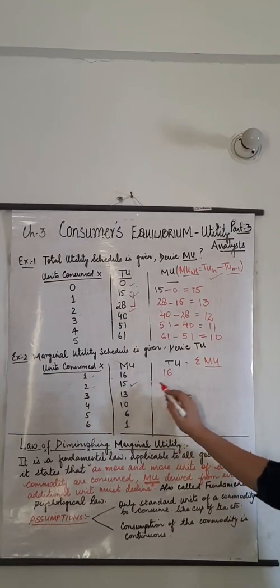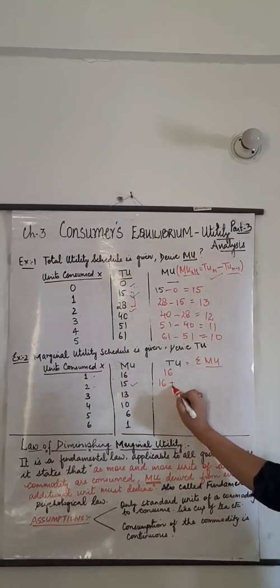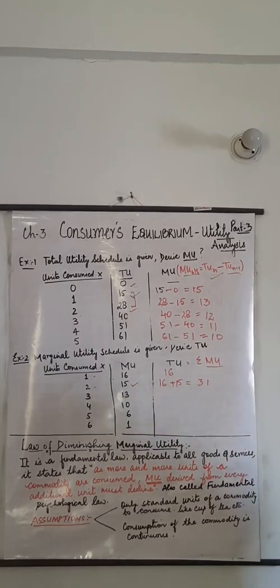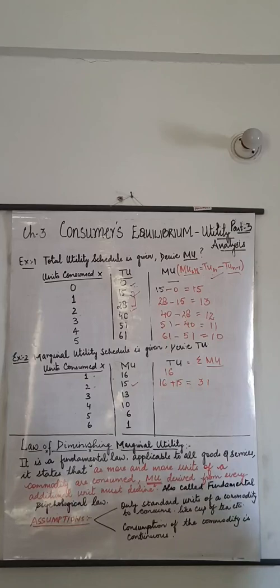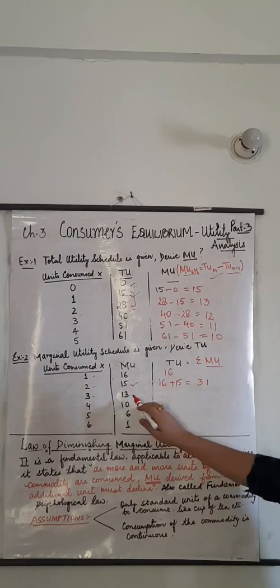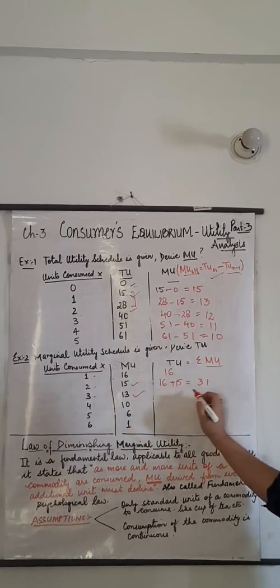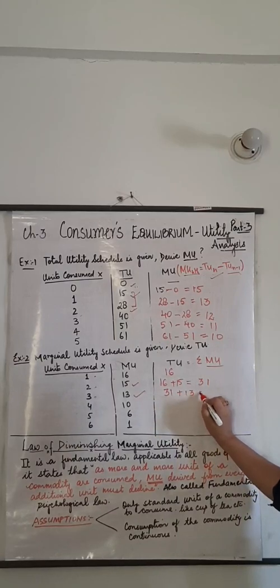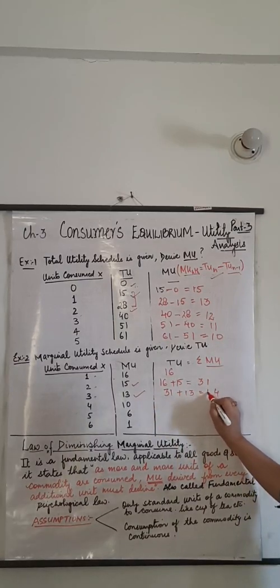MU is 15. So 16 plus 15 equals 31. Now at the third unit consumed, when 3 units are consumed, our marginal utility is 13. So 31 plus 13 gives you 44.